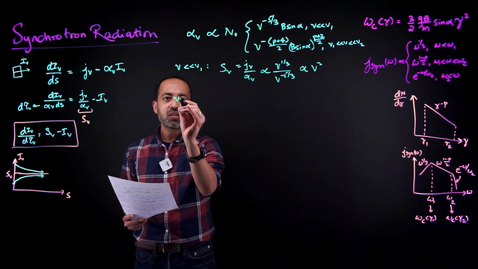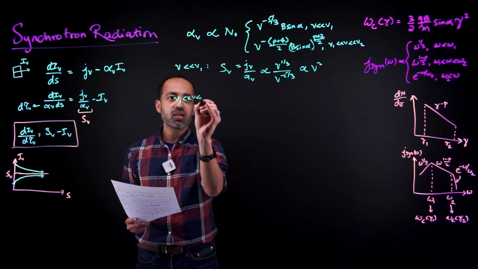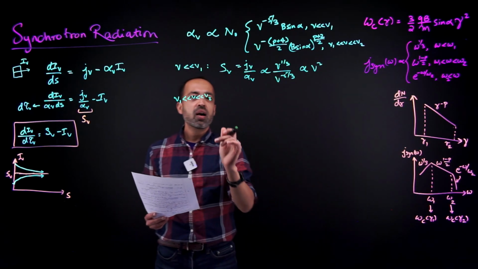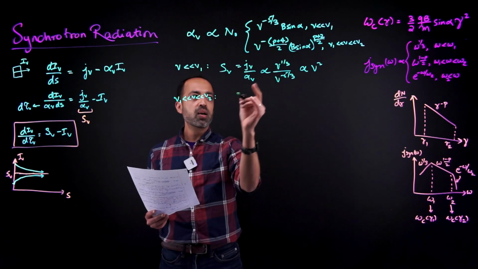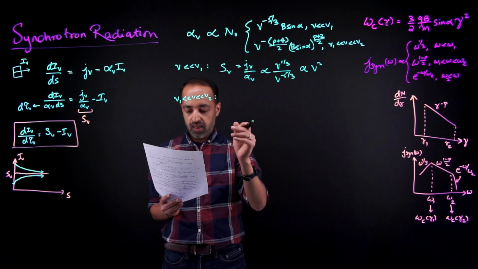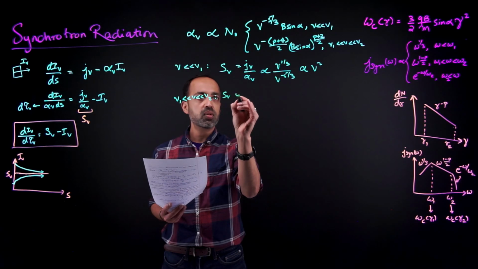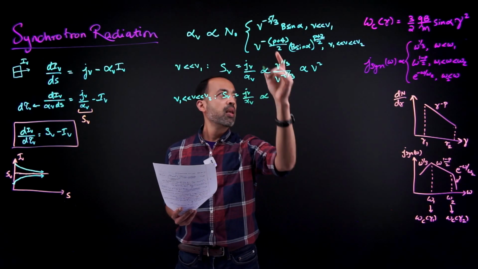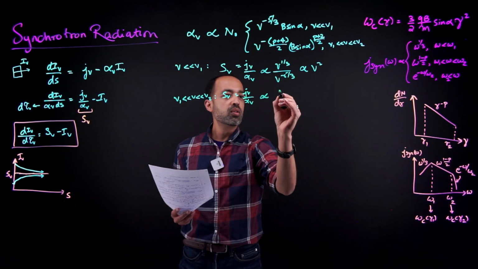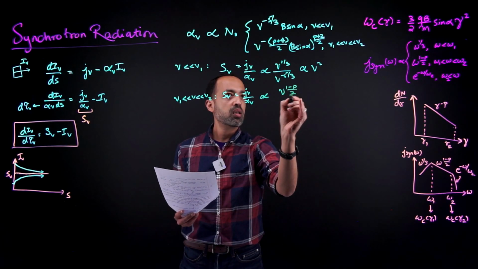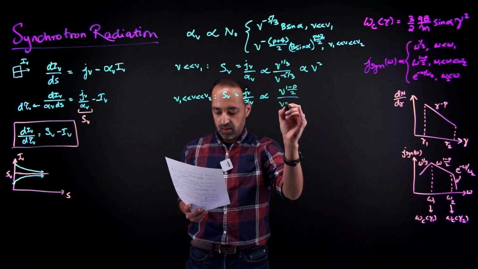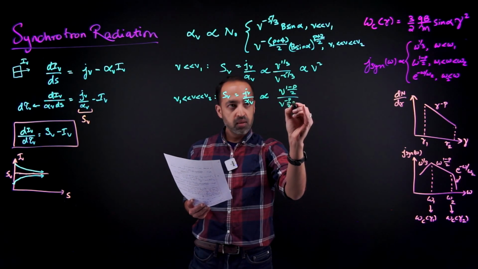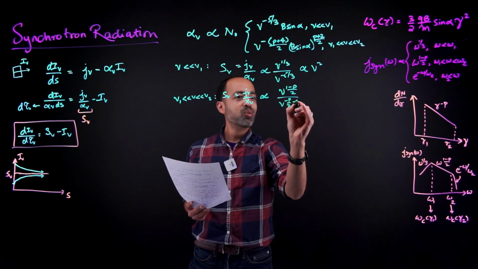In the regime that nu1 is much less than nu is much less than nu2, which is this power-law regime here, in that regime, our S nu again is this ratio, and it is proportional to nu to the 1 minus p over 2 divided by nu to the minus p over 2 minus 2.